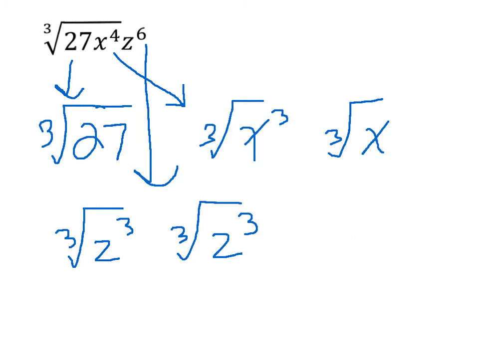Okay, so on the next step, we're going to take what we did in the last problem and simplify those further. If you go back and look at it, we had the cube root of 27, which works out to be 3, times the cube root of x to the third, which just works out to be x.